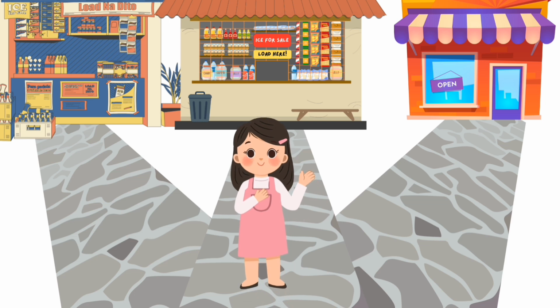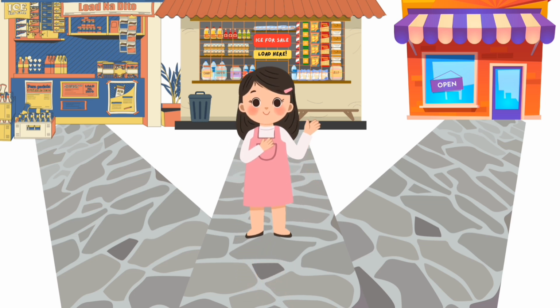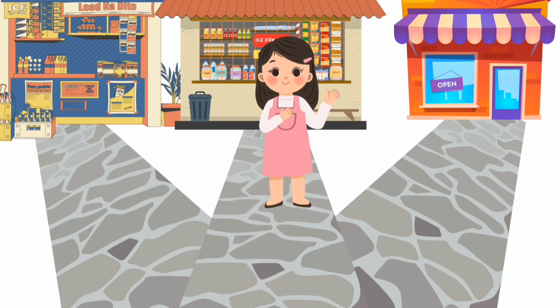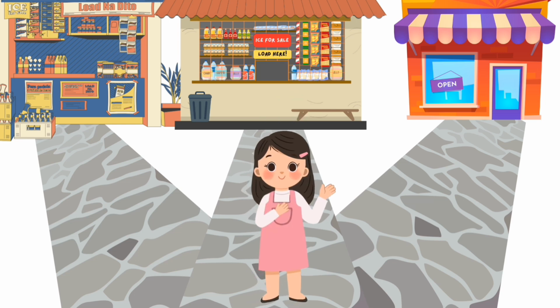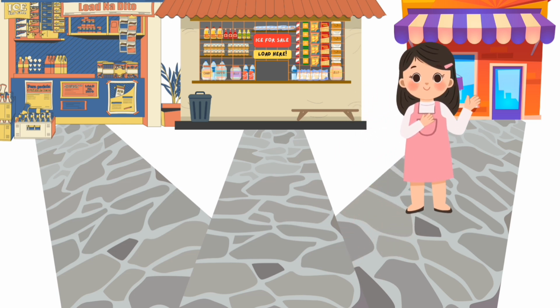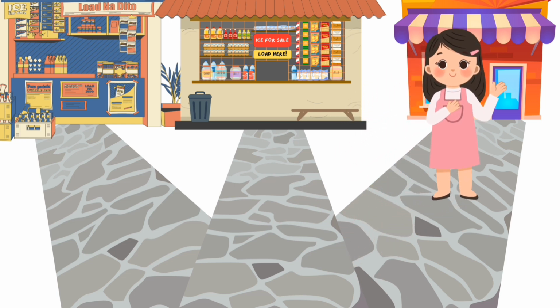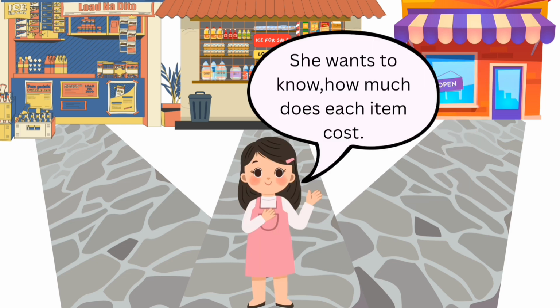On day 2, she buys 4 notebooks, 2 pens, and 3 erasers for 140 pesos. On day 3, she buys 2 notebooks, 4 pens, and 4 erasers for 180 pesos. Isa wants to know how much each item costs.